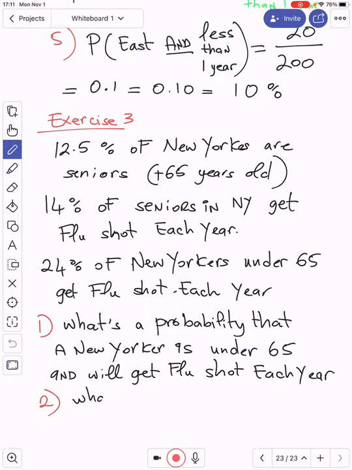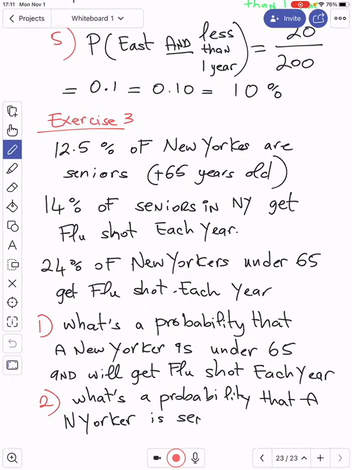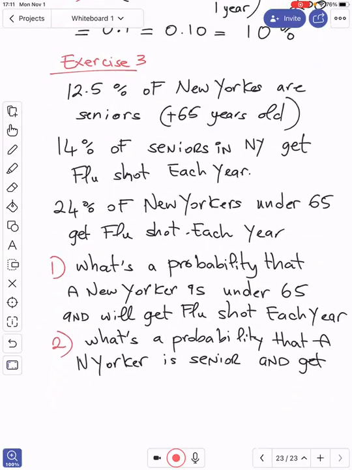What's the probability that a New Yorker is a senior and will get a flu shot each year?